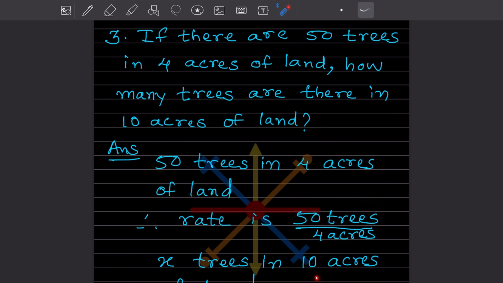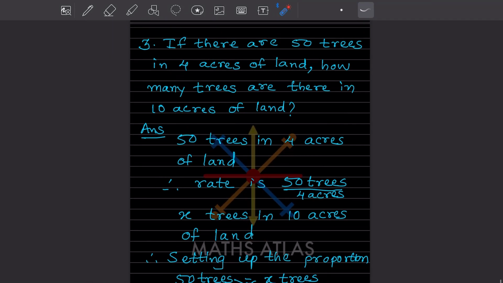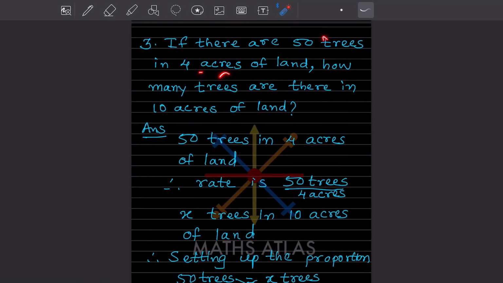So X trees in 10 acres of land. We don't know how many trees there are, right? So what will we put here? Look at the second sentence. How many trees are there in 10 acres of land? So X trees are there in 10 acres of land. So how will you set up the equation? Now look at here. This is 50 trees and 4 acres. And here is X and here is 10.